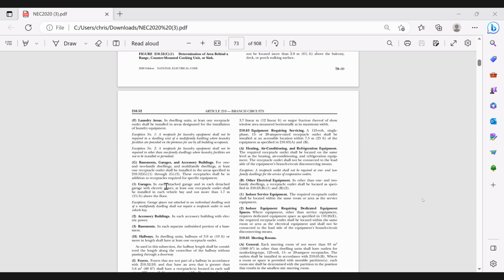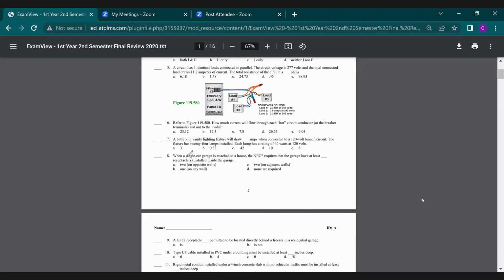Part 1 is garages. In attached garage and in each detached garage with electric power, at least one receptacle outlet shall be installed for each vehicle bay and not more than 5.5 feet above the floor. So we can go back over to the review, and we know that a single car garage, a single vehicle bay, requires one receptacle.